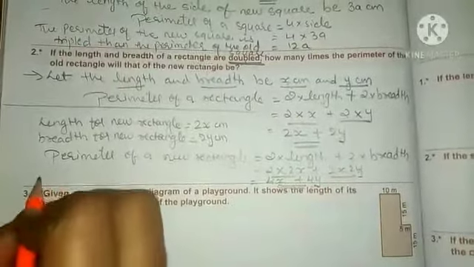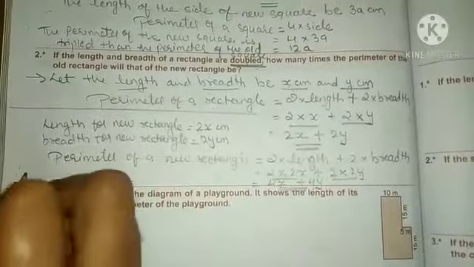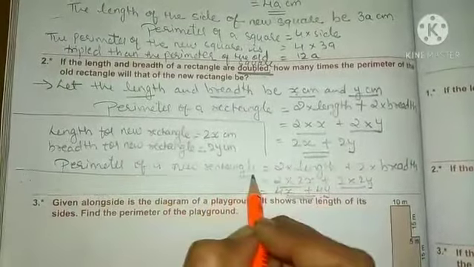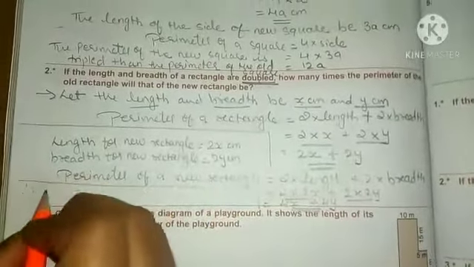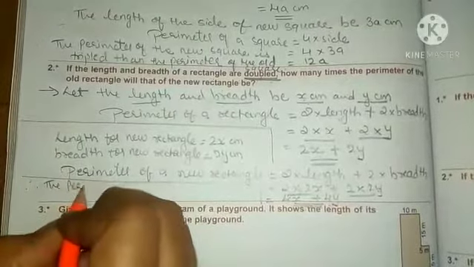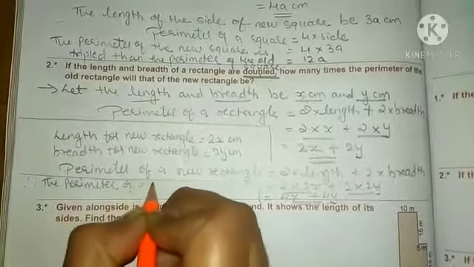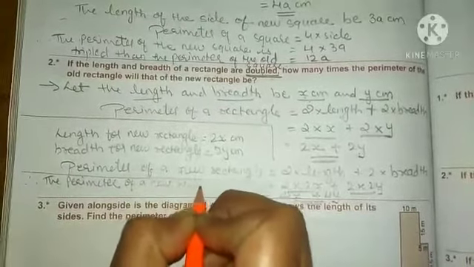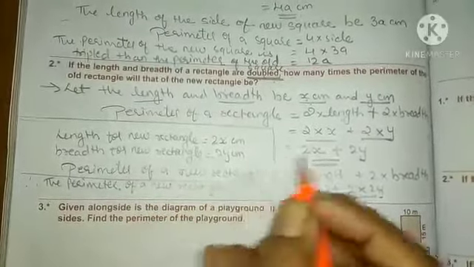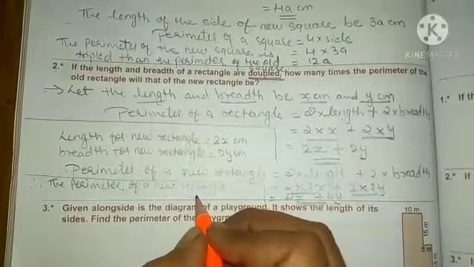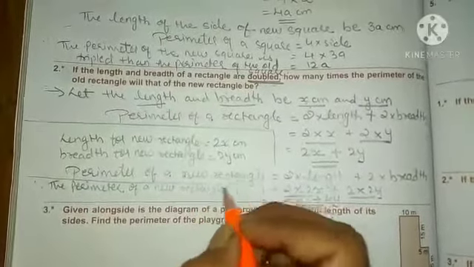So here we have to write down, therefore, the perimeter of a new rectangle. How many times is it? So how many times is the perimeter of the new rectangle than the old one?